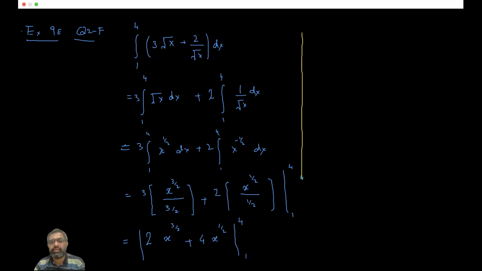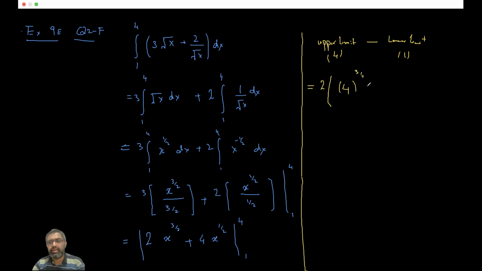So let's solve this definite integration by plugging in the limits, upper limit minus lower limit. We plug in the upper limit value, which is 4 over here, minus the lower limit, which is 1 over here. Let's solve for it. So 2 times, for the first one, x to the 3 by 2: this is 4 raised to power 3 by 2 minus 1 raised to power 3 by 2.